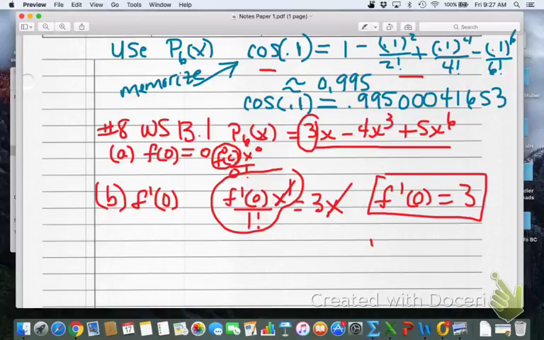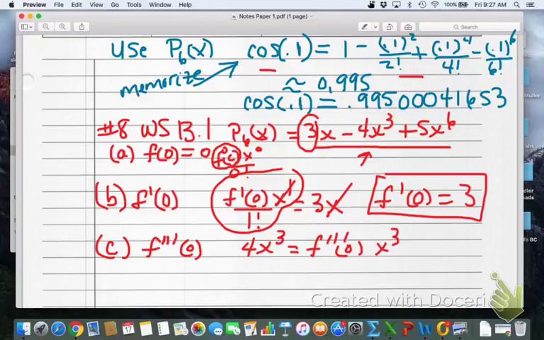All right, now let's do C. It asks you to find f triple prime of 0. All right, so we do have a third degree term, and it equals 4x cubed. So we can say 4x cubed equals f triple prime of 0, centered at c equals 0, x to the third over 3 factorial.